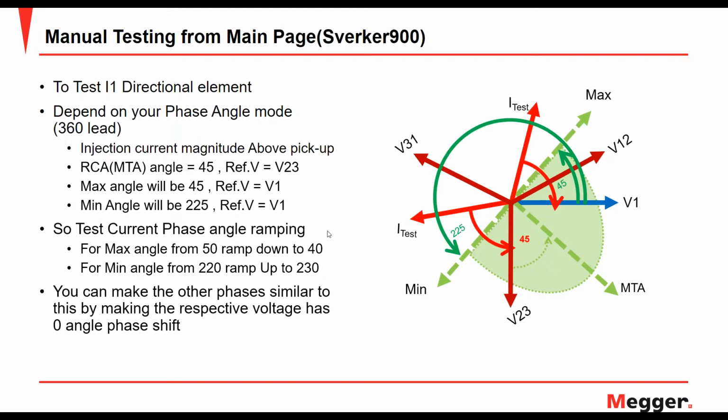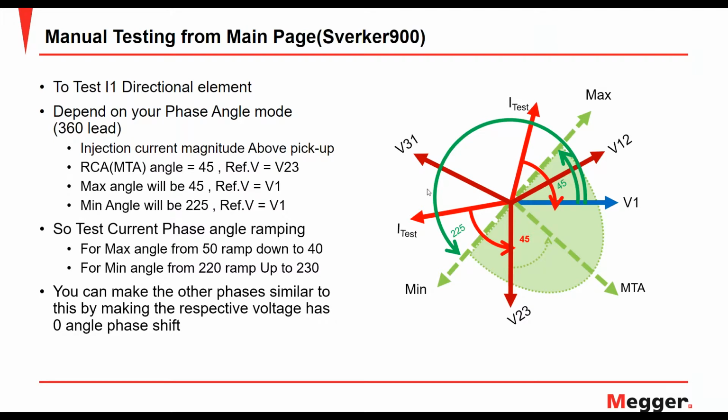For the directional overcurrent, now I want to do the maximum and minimum angle. So again, I need to ramp down my current. I need to make it first above my pickup, so 1.2 amps, and ramp it down from 50 degree to 40 and see when exactly it will give me my pickup value.